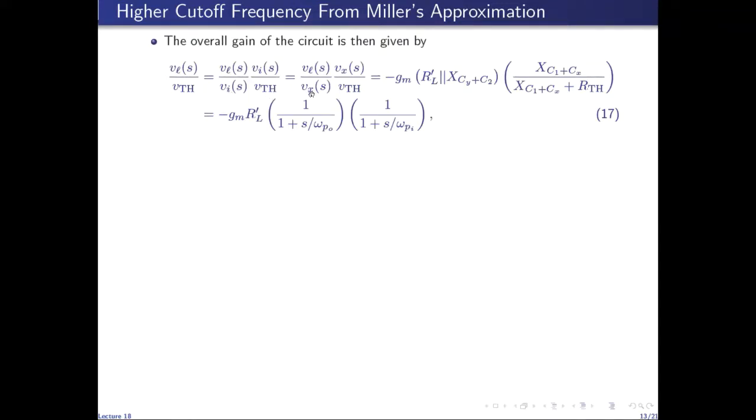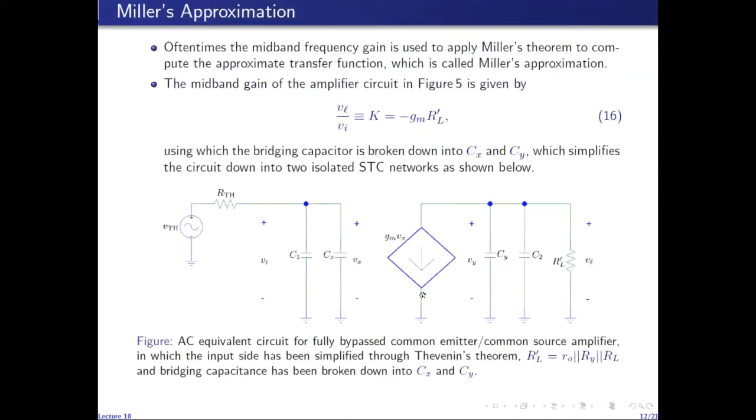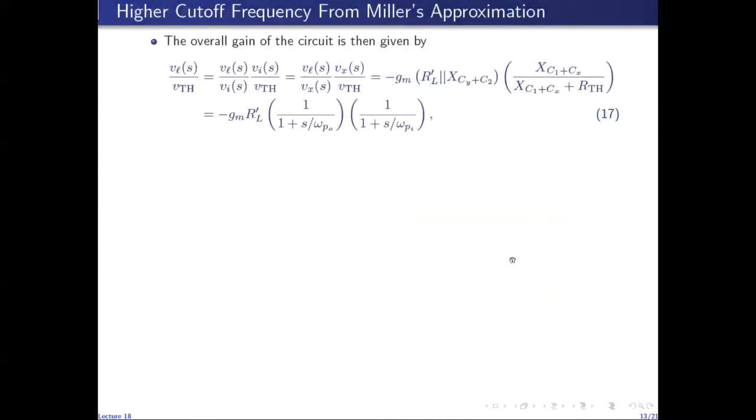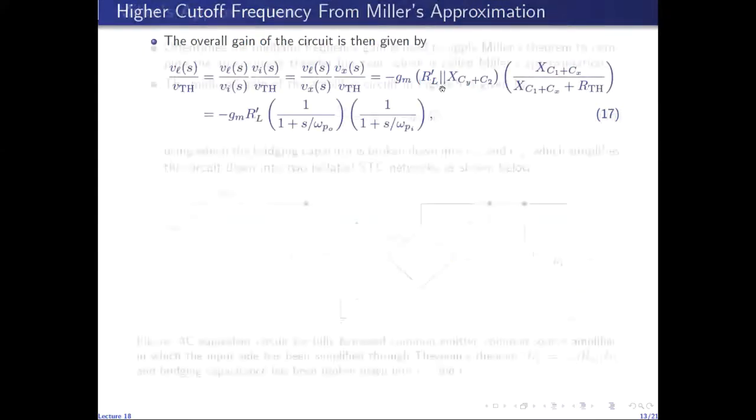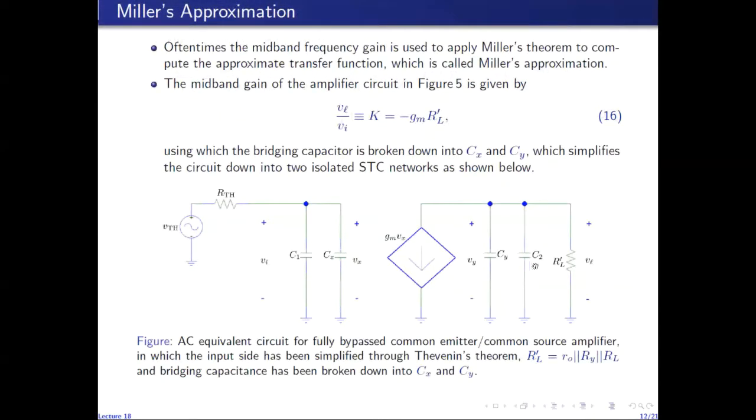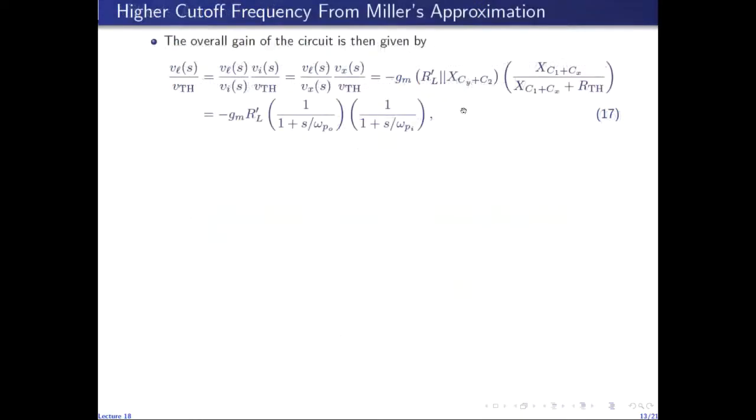So Vi is equal to Vx, and VL to Vx is given by this side of the network, so minus gm Vx times this equivalent impedance gives us VL. So VL over Vx is minus gm times this equivalent impedance. This equivalent impedance is RL prime in parallel with the capacitive reactance of C2 plus Cy.